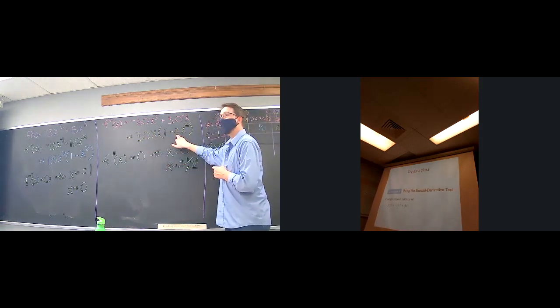So f double prime at -1 is greater than 0, so we're going to be concave up. At 1, we're going to have 30 times -1, so that's going to be -30, which is less than 0. So we're going to be concave down. Now the question is, do we need to test these 2 points? What do you all think?